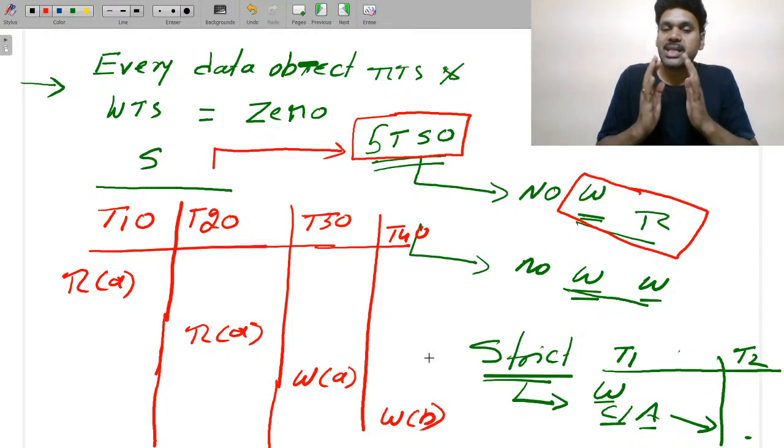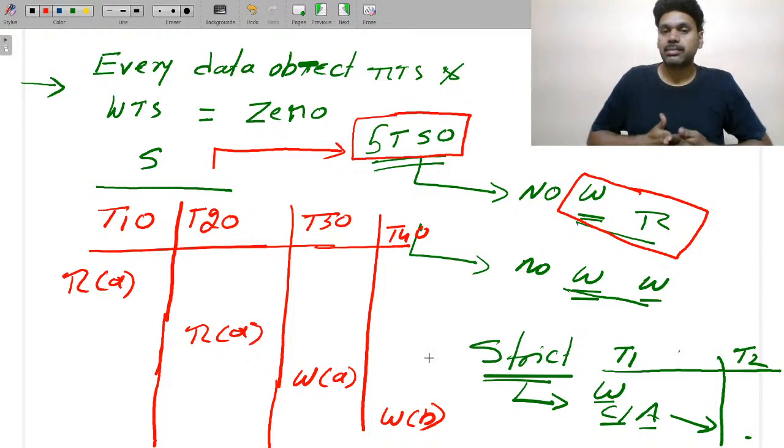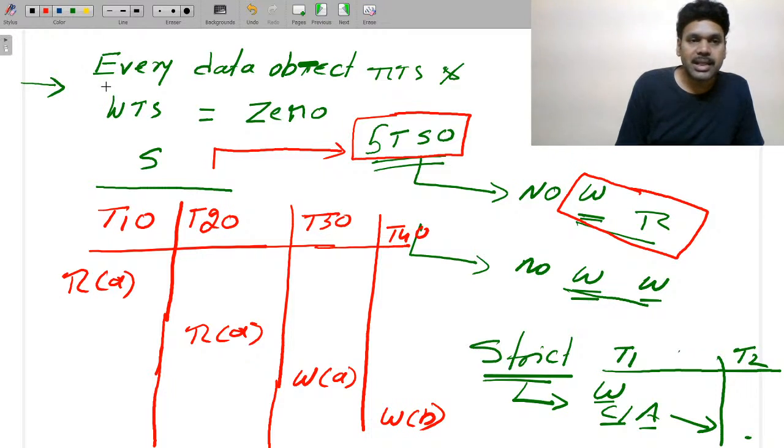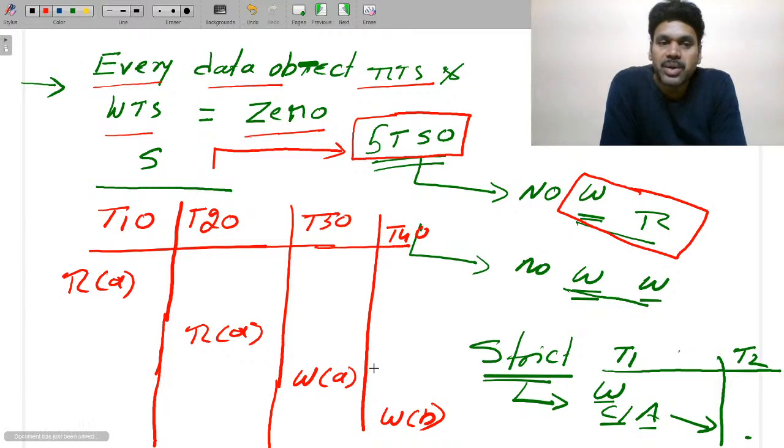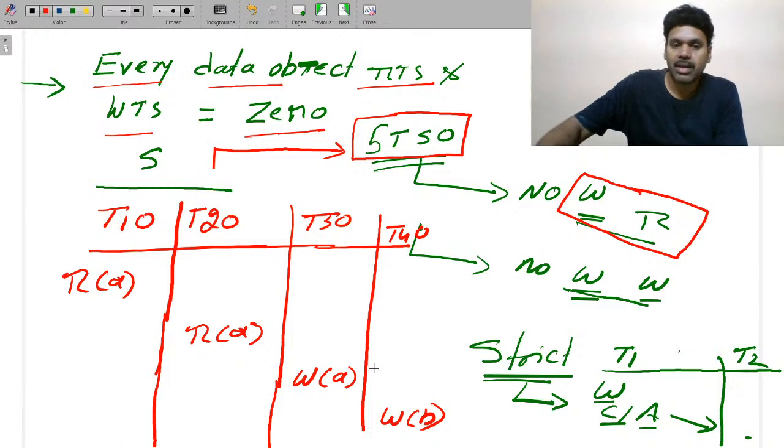Observe carefully. Is it allowed in a strict timestamp ordering protocol?